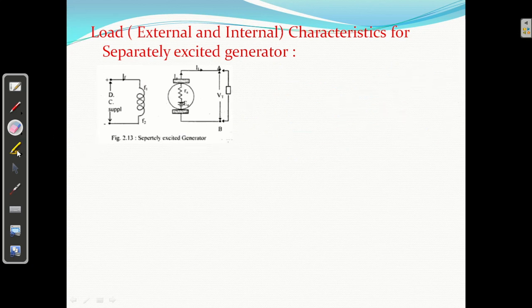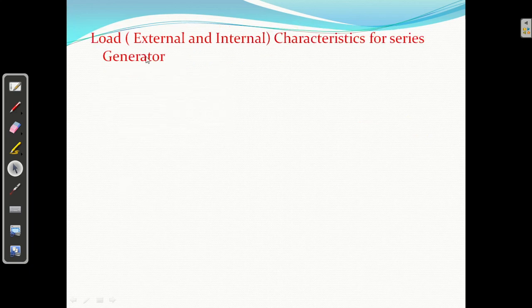Next I am going to discuss the load characteristic for the series generator. This is the series generator. This is RA, this is EA. Clear?